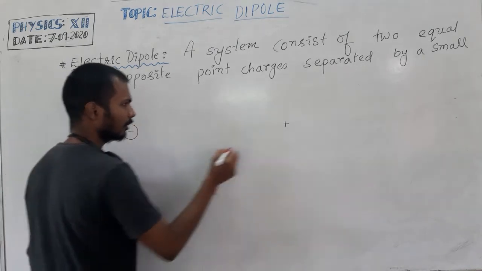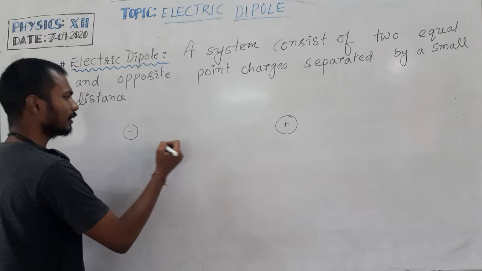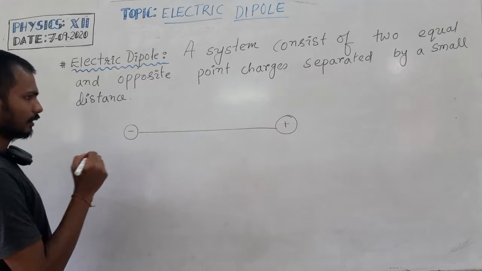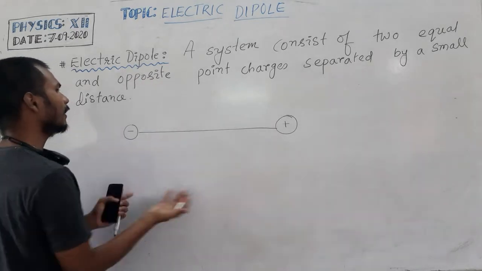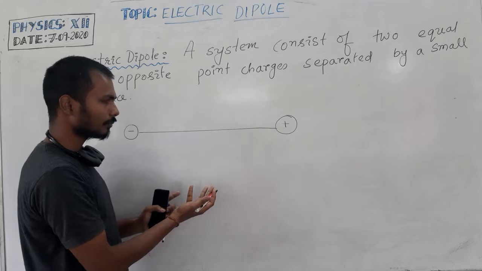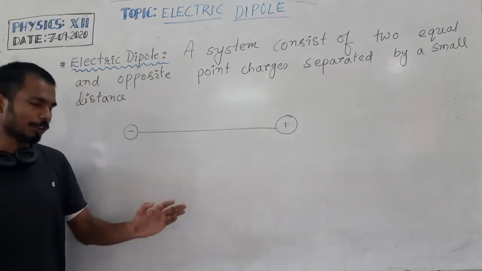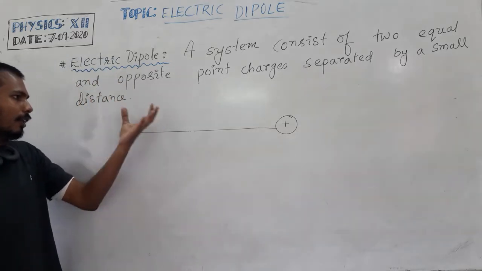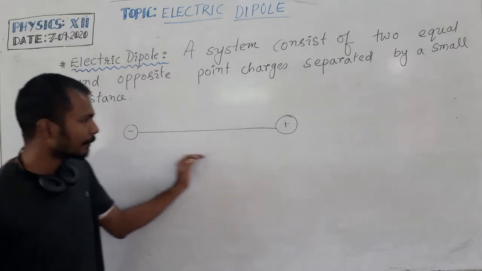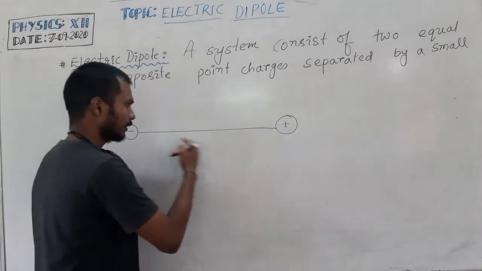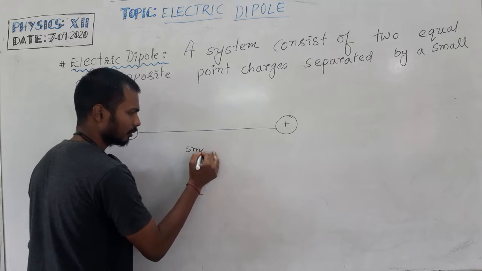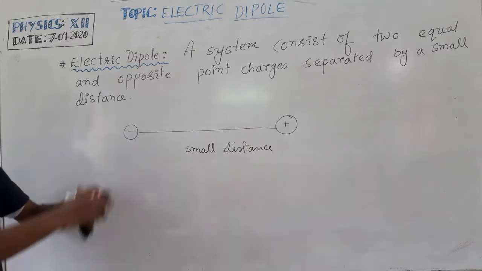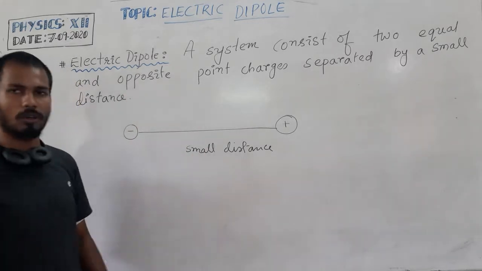This is the minus charge, this is the plus charge, and this is the small distance between them. Now this system, in which two opposite charges are separated by a very small distance, is called an electric dipole.